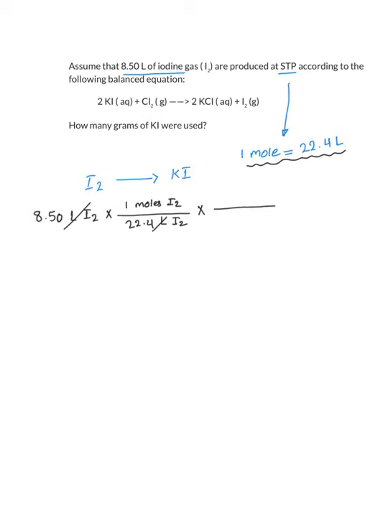using the balanced equation and stoichiometric ratio of iodine and potassium iodide, I can get the moles of potassium iodide.